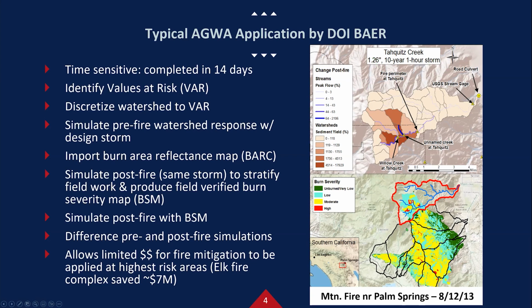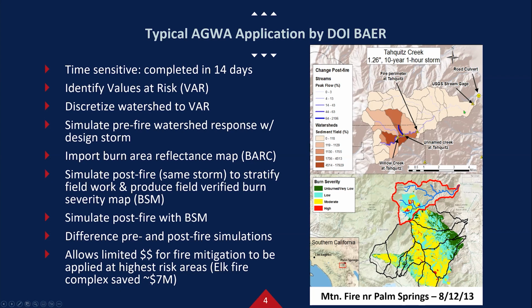And this was the initial burn severity map that was used for this watershed. And, you know, unsurprisingly, those areas of severe burn area in red and somewhat in yellow caused the biggest response changes at a local level. But what also is important that you can do with AGWA is see if those changes that are quite high at a local level persist downstream.